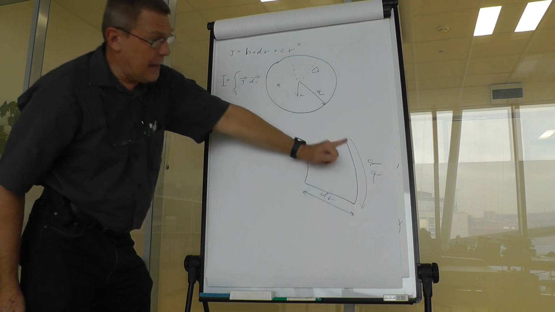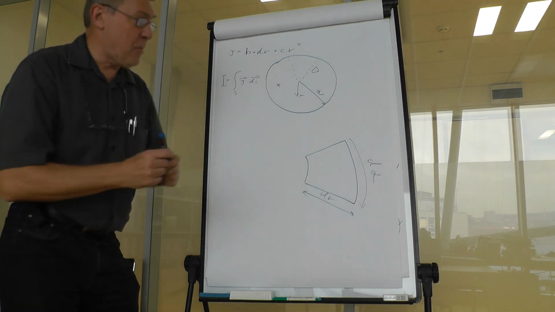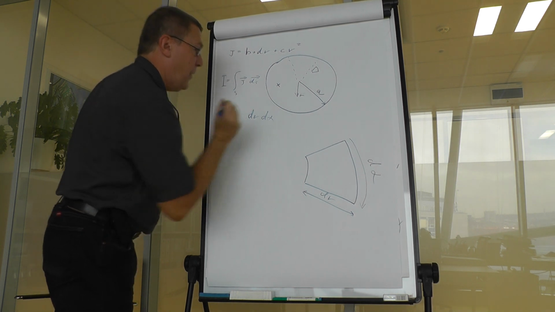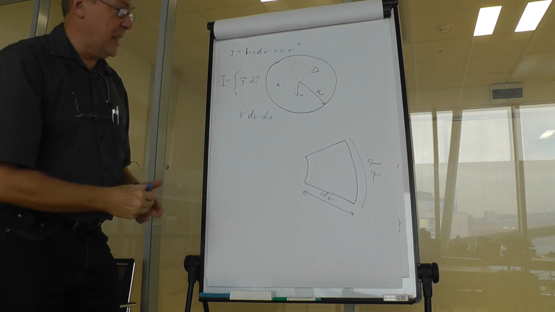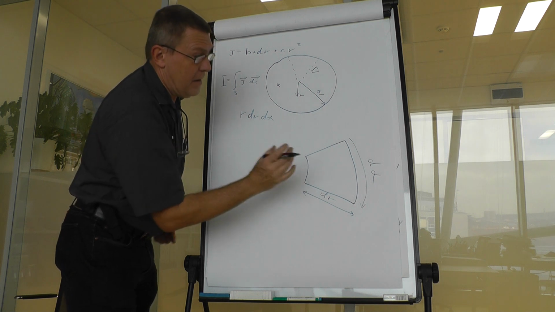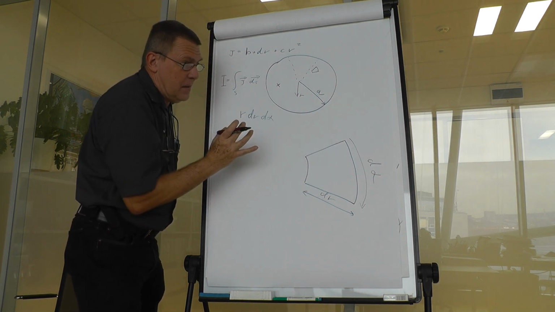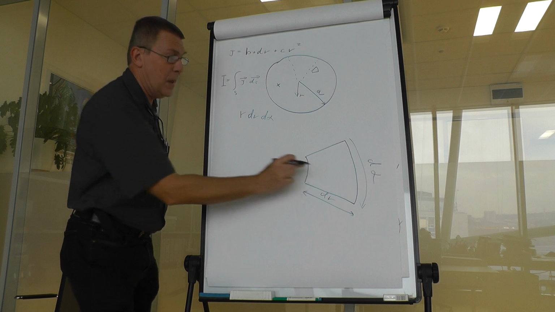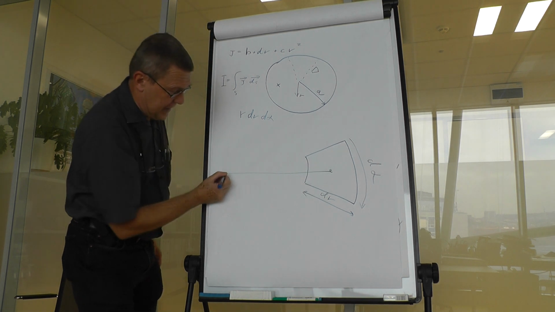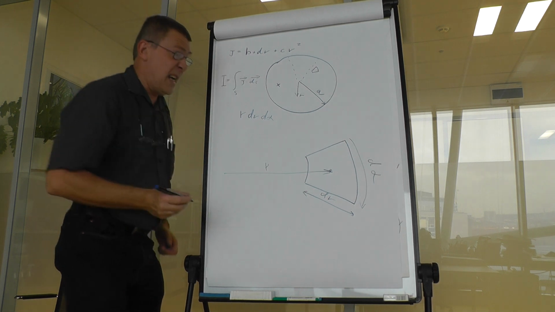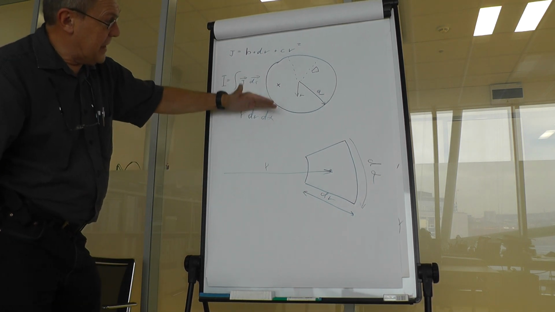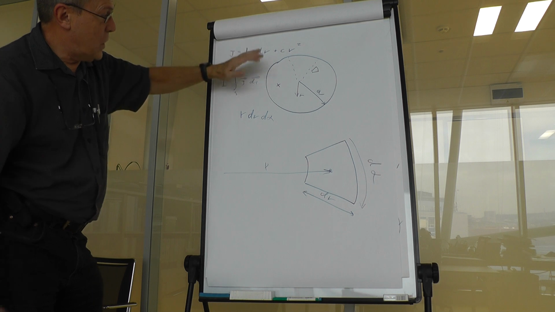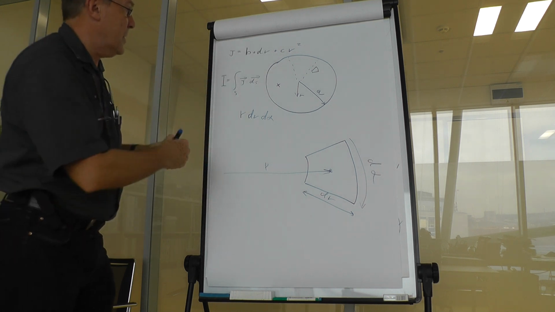So this has an area of dr d alpha multiplied by the radius. We have the good luck that the element is so small that we can consider one radius for all of it. So let's mark it something like this. We have the radius r. But anyway, the element is this. This is dS.